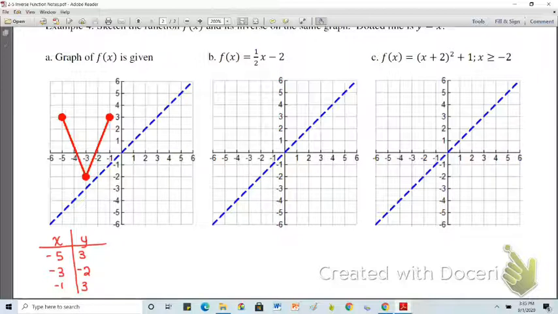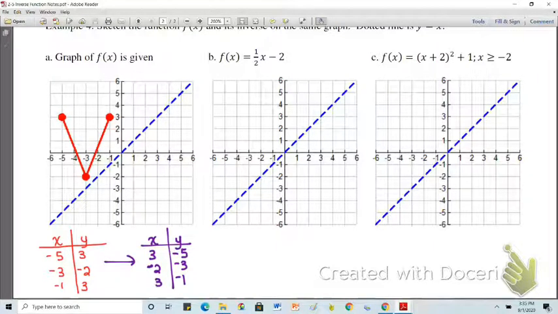To do the inverse of this, we are simply going to switch my x and y columns. So I'm going to make a new t-table. And now my x column is going to move to my y, and my y column is going to move to the x.